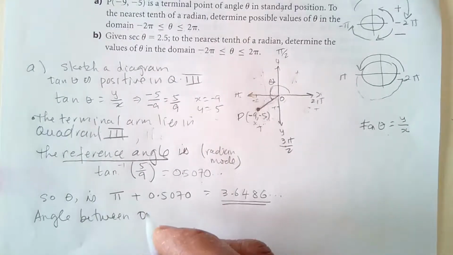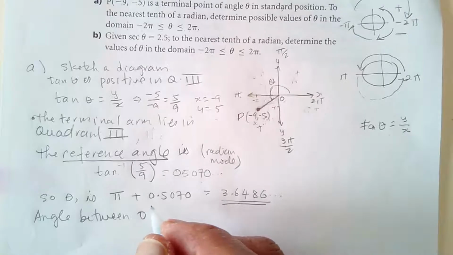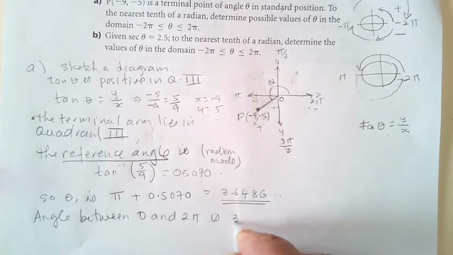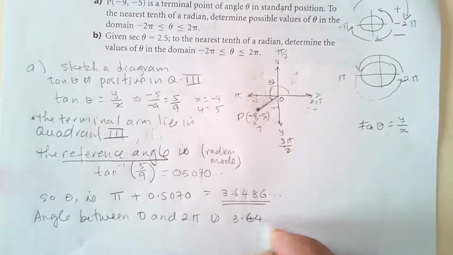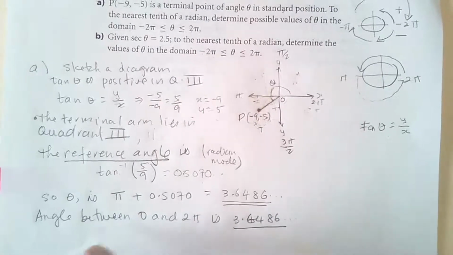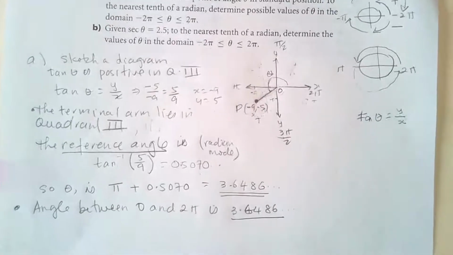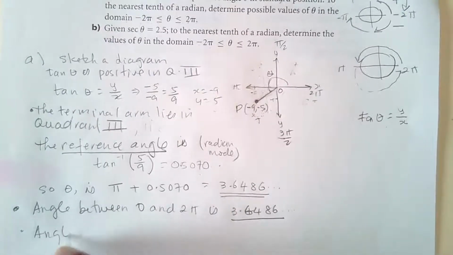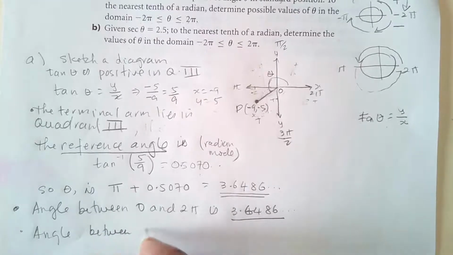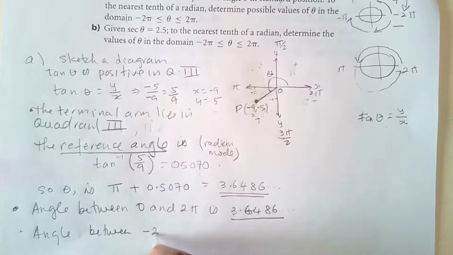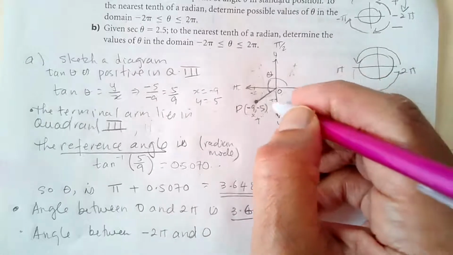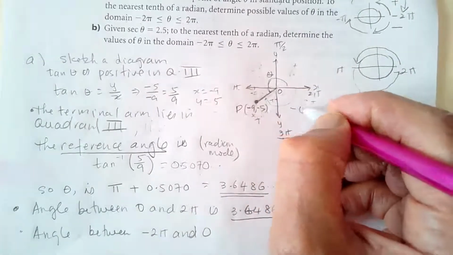Between 0 and 2 pi, the angle is 3.6486. Now the angle between negative 2 pi and 0, we're going to reverse, which is negative theta here.